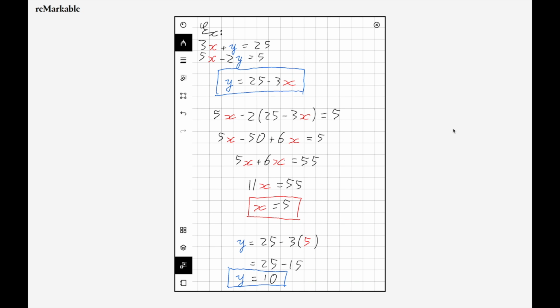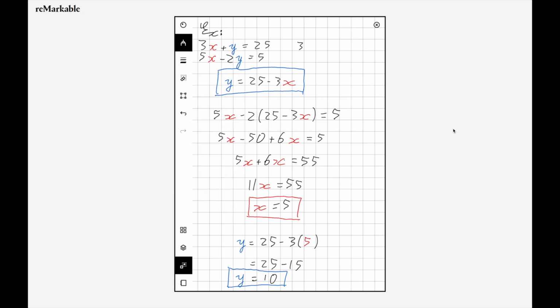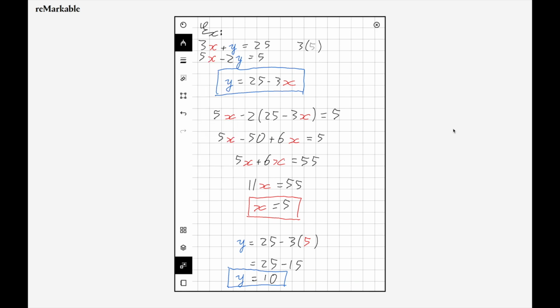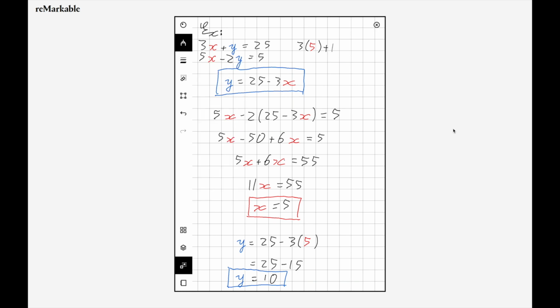And if we were to plug these into our original equations, we would get 3 times 5 plus 10, which is equal to 25.